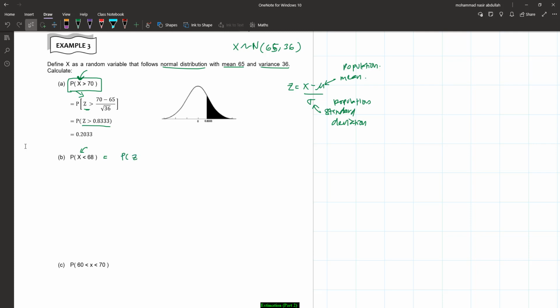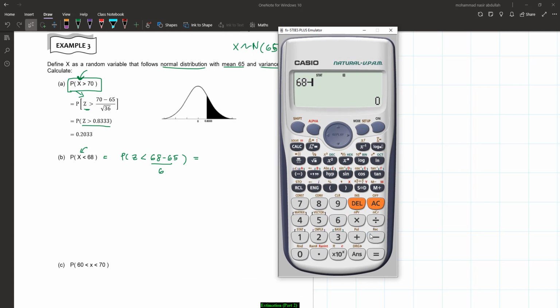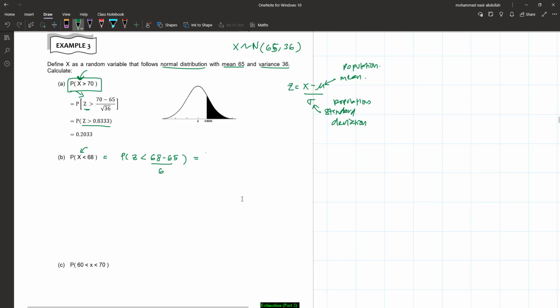So 68 minus 65 divided by 6 should be 0.5. So we get the probability of z less than 0.5.